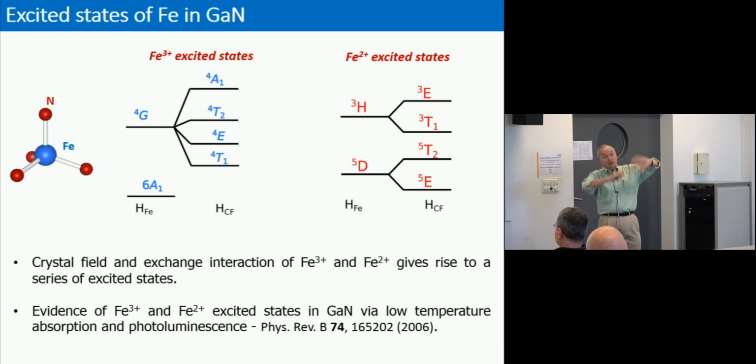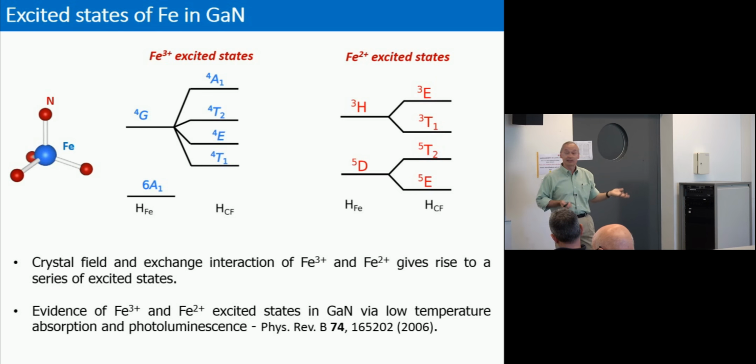Now, without changing the overall charge state of the center, you can actually promote one of these D electrons to a higher lying state, right? Because you know there are 5 D orbitals, but each of them can be spin up or spin down. In the ground state, they're all spin up, for instance, but you can do an excitation such that you actually put an electron in a higher lying D state, and that leads to one of these excited states.